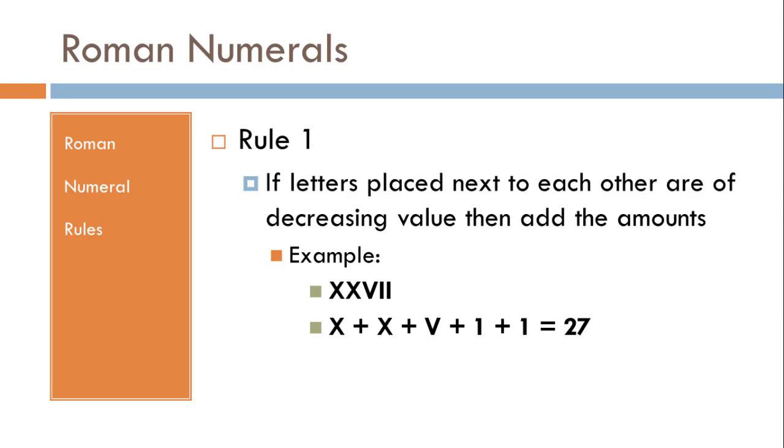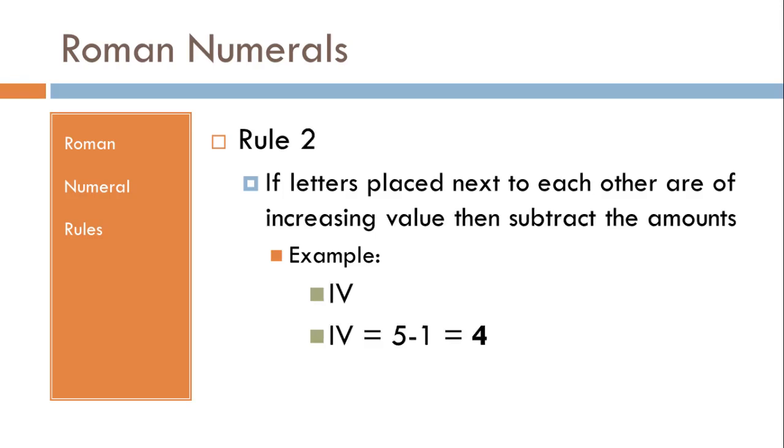So if anyone's a Bills fan, I apologize for bringing that up, but it made for a good reference here. So 27, so I'm looking at XX meaning 20, VII meaning 7. I'm going to add them together. So XXVII, and that is 27.